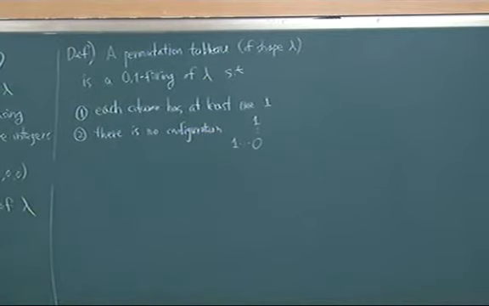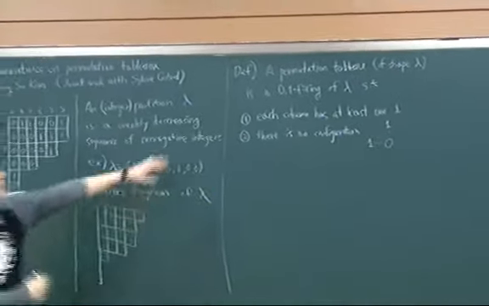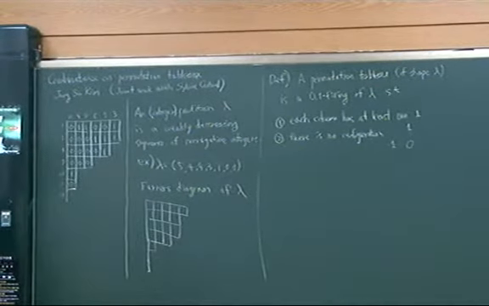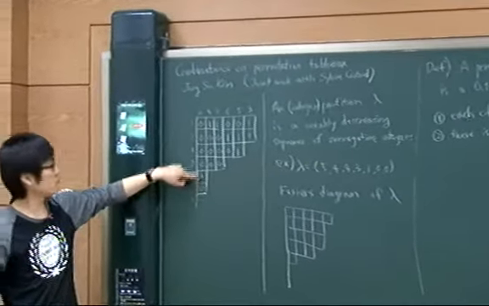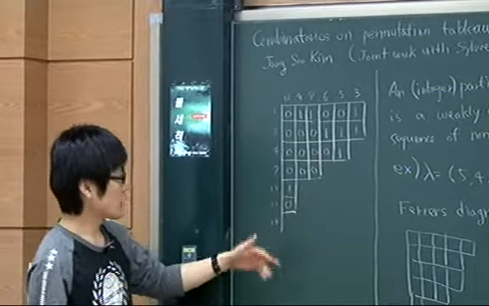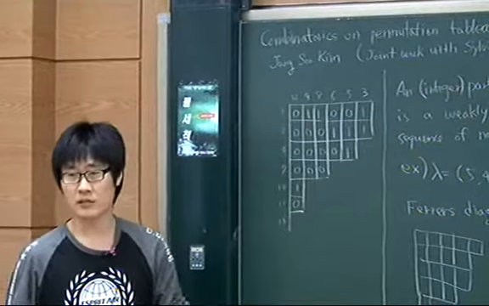If a 0-1 filling of a Ferrers diagram satisfies these two conditions, then it's a permutation tableau. So in each column, we have at least one 1. We may have several ones, and we may have a row without any 1.